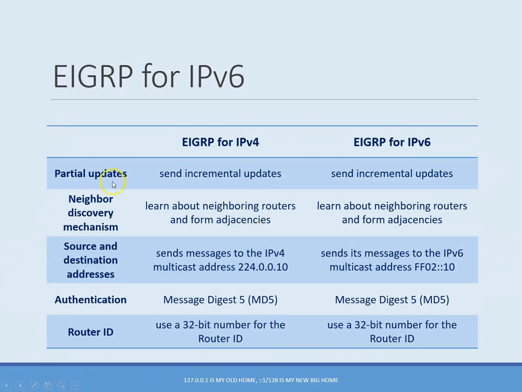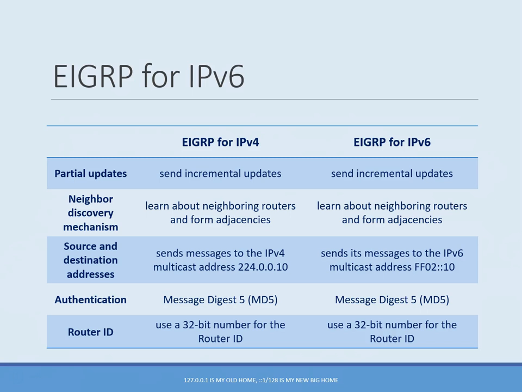In terms of partial updates, both send incremental updates when the state of a destination changes, instead of sending periodic updates of the entire content of the routing table. So there is no need to send periodic updates.